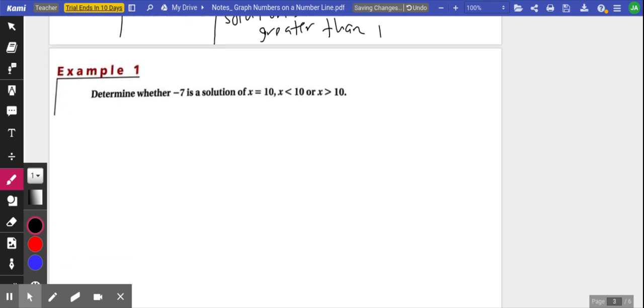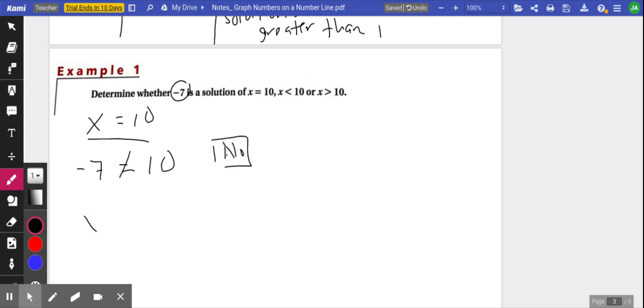All right, so first example, determine whether -7 is a solution to x equals 10, x is less than 10, or x is greater than 10. So we're checking -7. So first let's check if it's a solution to this. So just plug in -7 for x, and that's not true. So no for that one.